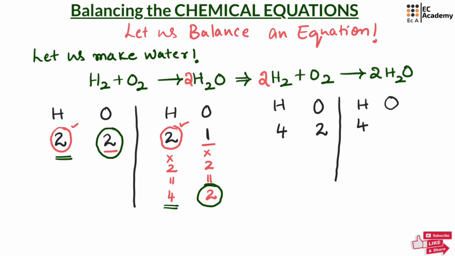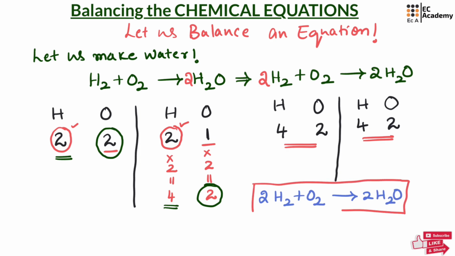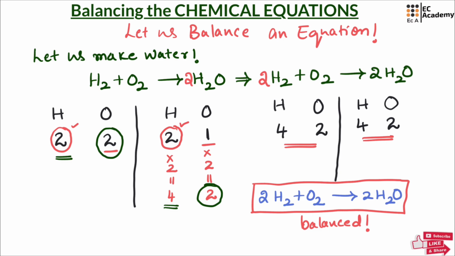And for oxygen, we are having 2 into 1, which is 2 atoms. So, the number of atoms in the left side are equal to the number of atoms in the right side. So, the final balanced equation is 2H2 plus O2 gives 2H2O. So, this equation is balanced.